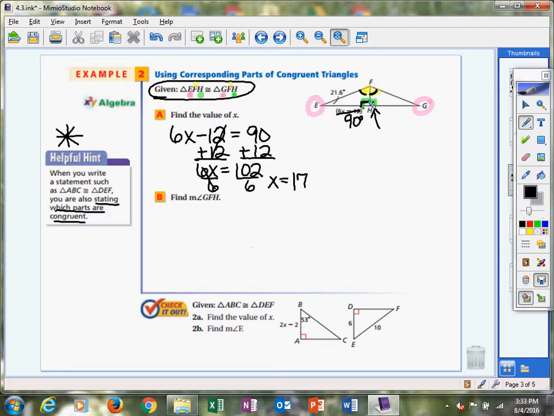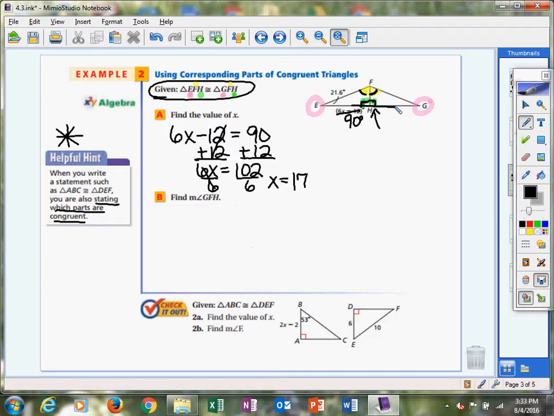The reason why it has to be a right angle is this forms a linear pair. If one of your angles is 90 degrees, then the other one has to be 90 degrees, because 90 plus 90 is 180, which is your straight line. So that's why I didn't really feel like you needed the x necessarily, because we already know what that is.